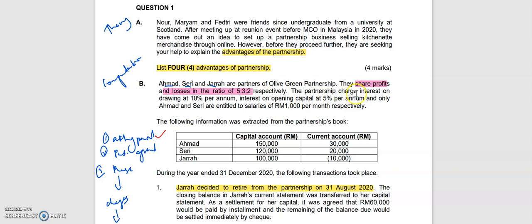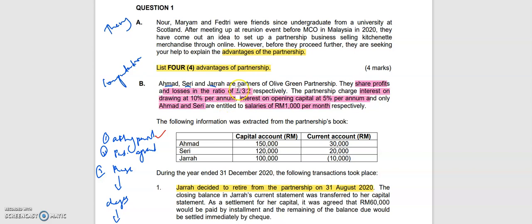And then you will have interest on drawing at 10% per annum. Interest on capital at 5% per annum. And salaries of 1,000 per month for Ahmad and Seri only. So you have interest on drawing, interest on capital, and salary.